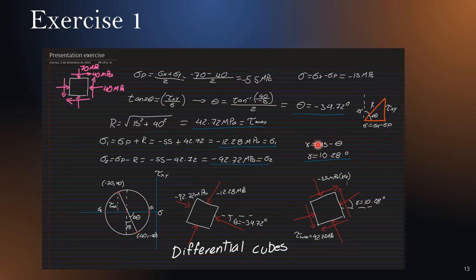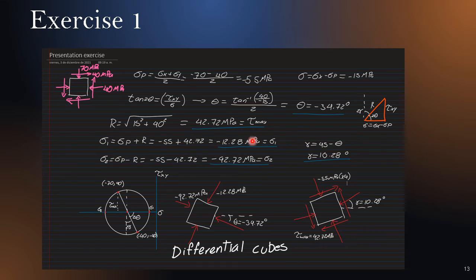We can then proceed to find gamma by subtracting theta from 45 and find that gamma is 10.28. We now find the radius of the circle, or the hypotenuse. And this is simple, and now we have the maximum shear stress.